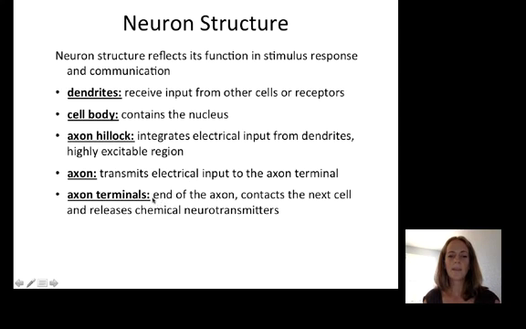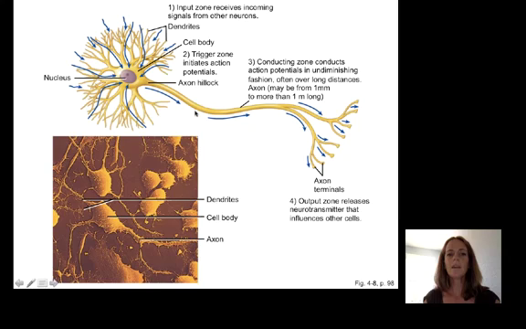axon terminal. The axon terminal will be the very ends of the axon, which will contact the next cell at a synapse, where it will release chemical neurotransmitters. Here's a textbook picture of a multipolar neuron with its many dendrites, with the arrows showing the input coming into the dendrites, and then the axon hillock here, which would integrate that information.